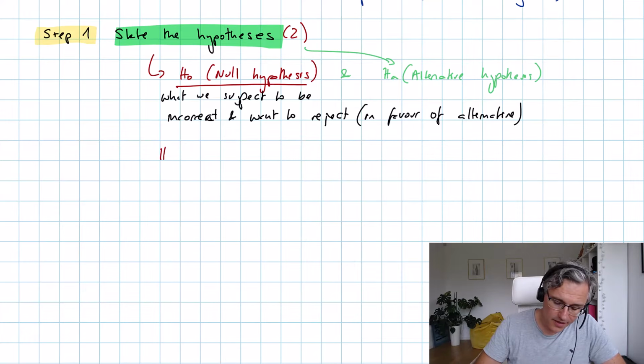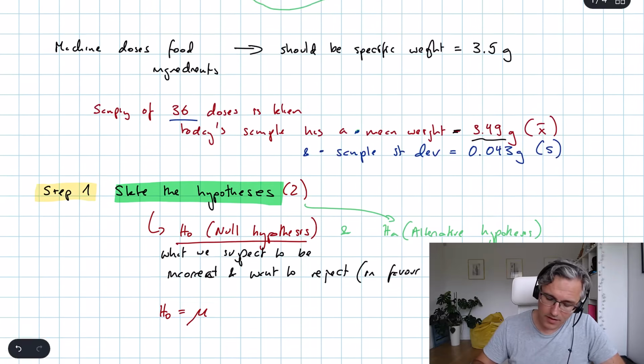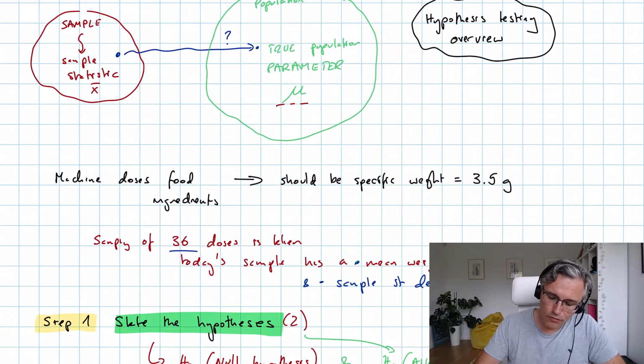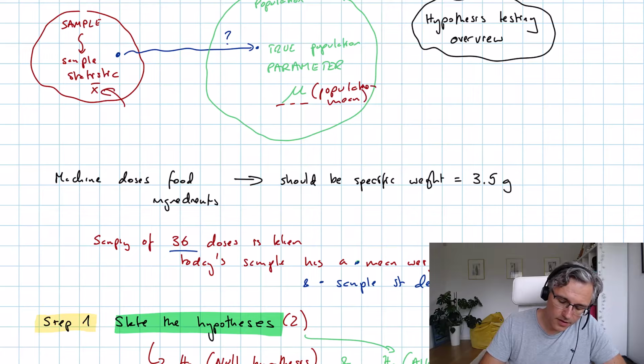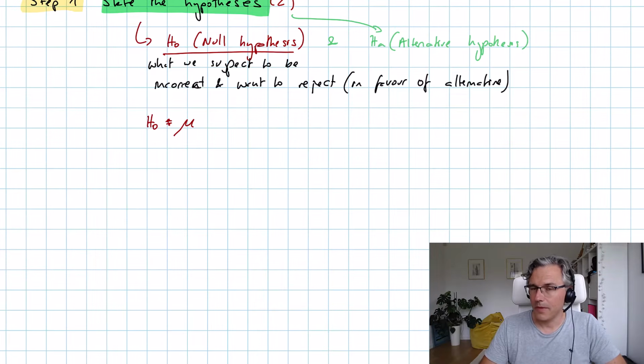So we state H0 as the population mean. Remember, this is the letter mu, the true population parameter, the true population mean. Population mean is denoted with the letter mu. This is the sample mean, x bar. Now, we suspect that the true population mean is not 3.5.